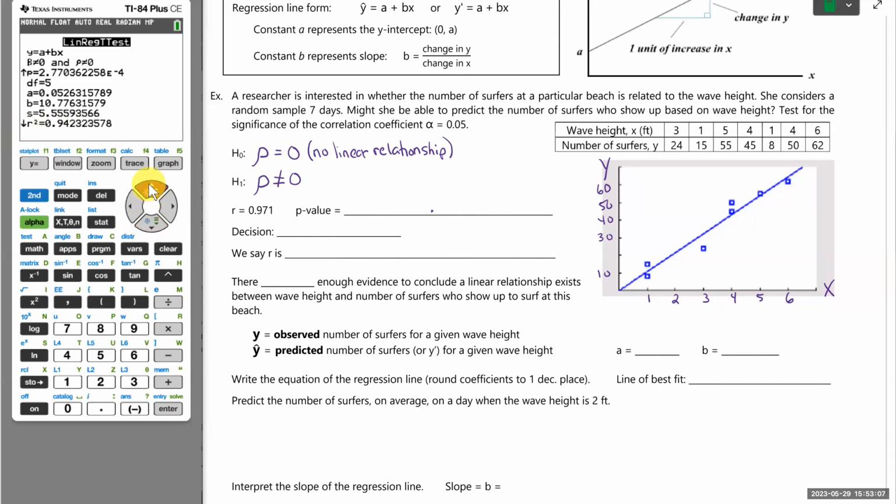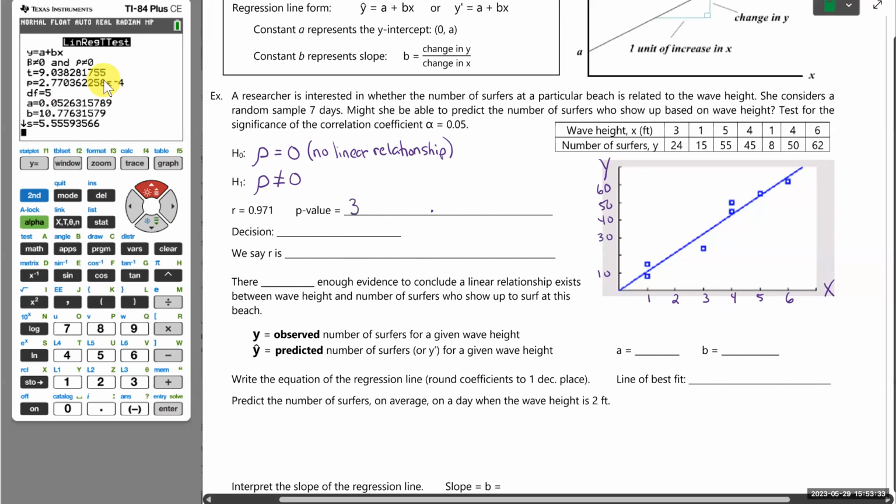And now as we're doing the hypothesis test, I'm going to write down the p-value. Now this p-value is very small. I can see that my calculator actually switched into scientific notation, that E-4 at the end. So let's just do a little rounding here. The first digit is a 2. It has a 7 next to it. So if I round to the first digit, that will be a 3, and then I'll take care of the E-4.